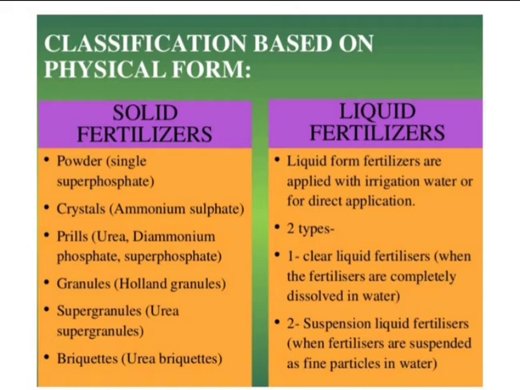That means there is no complete dissolution but a suspension is there. Suspended fine particles of the fertilizer are observed in the water. So two types of fertilizers are there: the first one is clearly soluble fertilizers and the second one is suspended solid particles in the water.